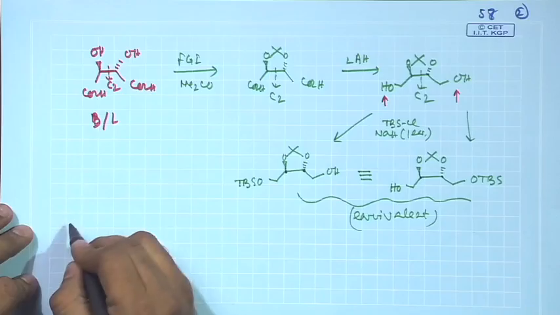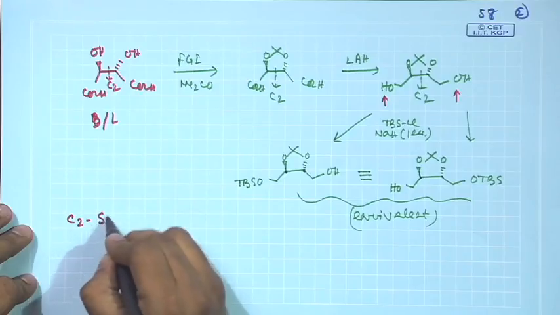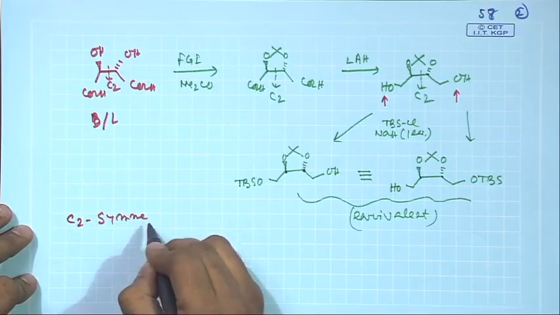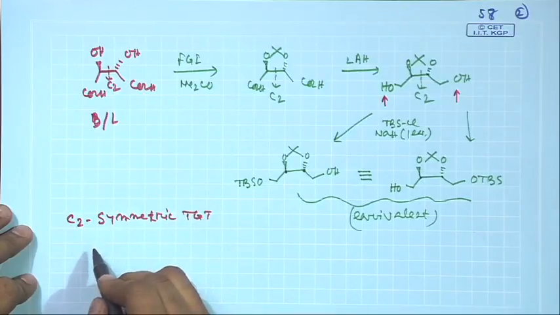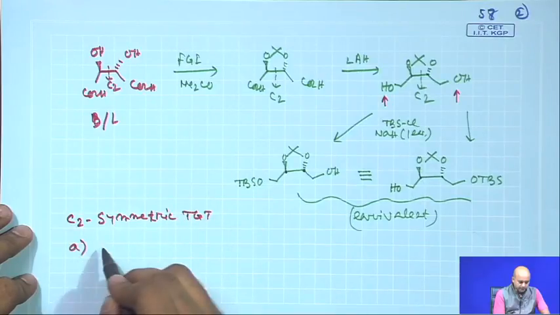Now, if you have a C2 symmetric target molecule, basically we follow two different strategies.